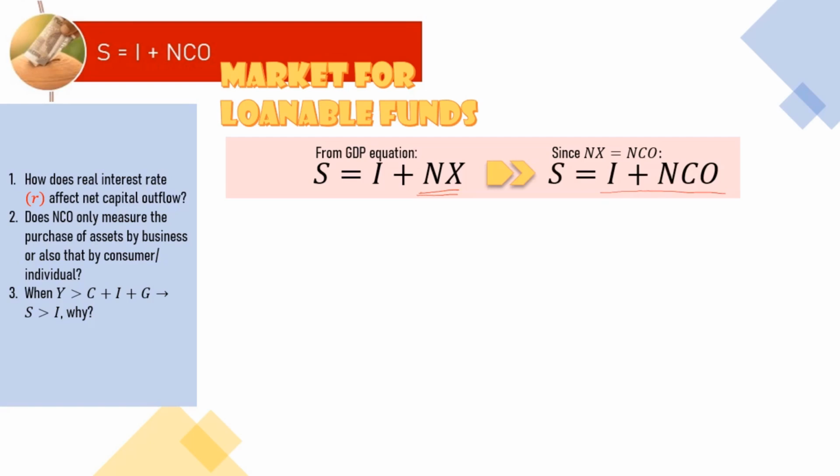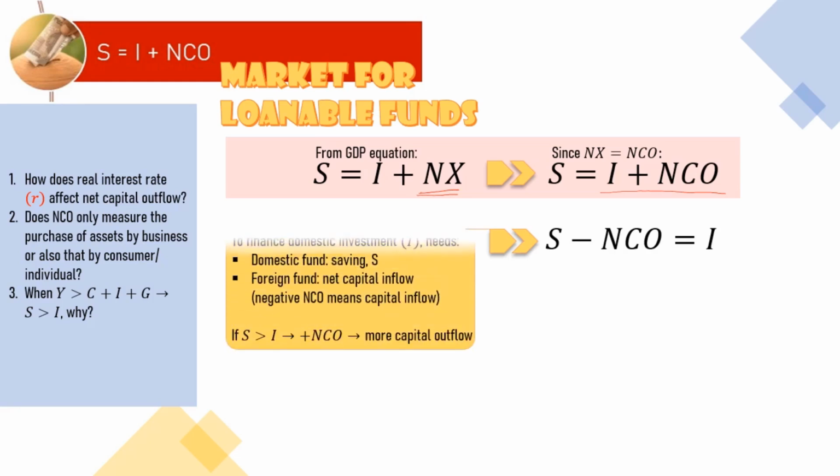If I move the net capital outflow to the left, the equation will look like this. Saving minus net capital outflow equals investment. Meaning that to finance domestic investment, or I, investors may use domestic funds, that is S, domestic saving, or use foreign funds.